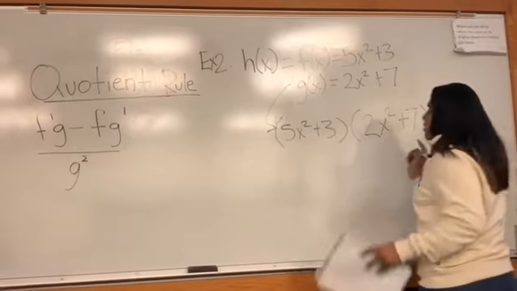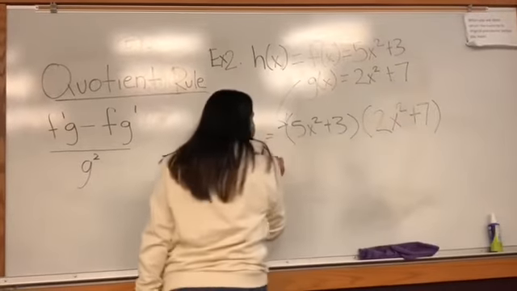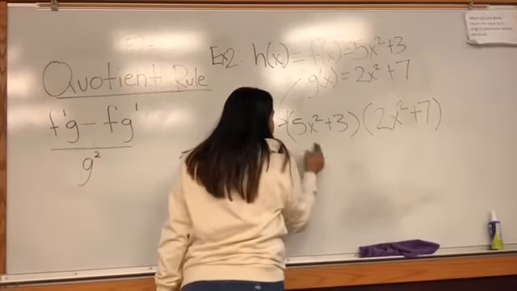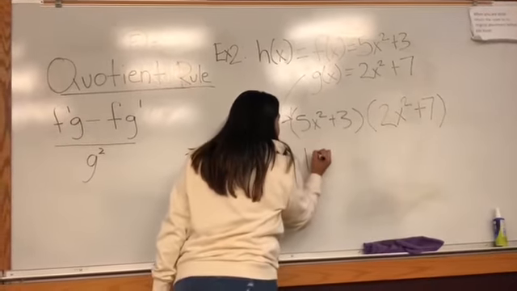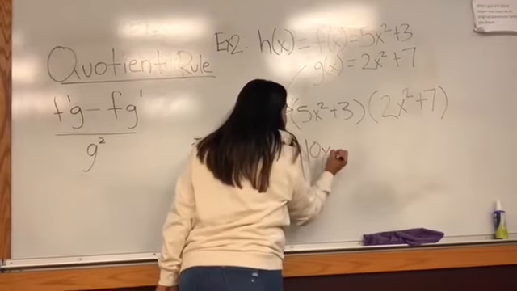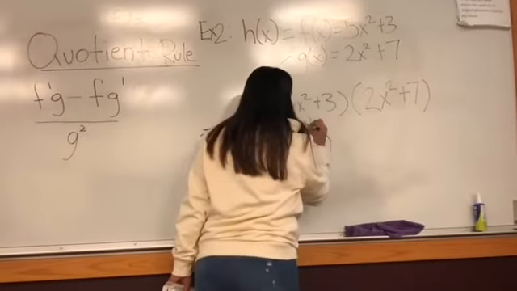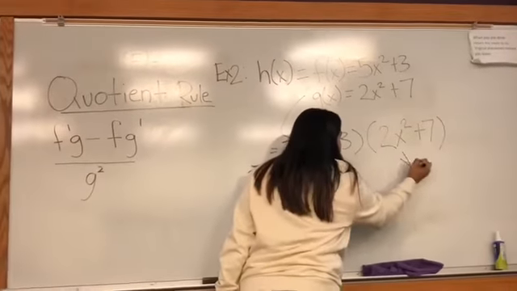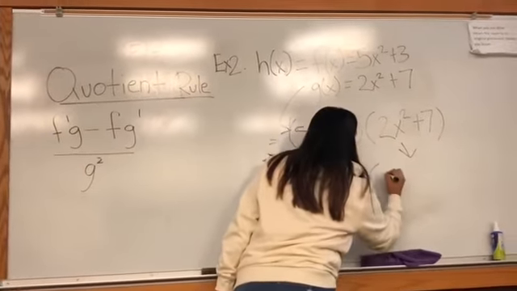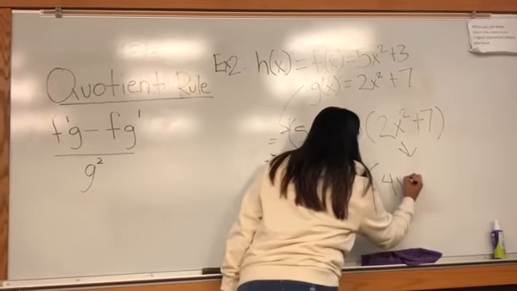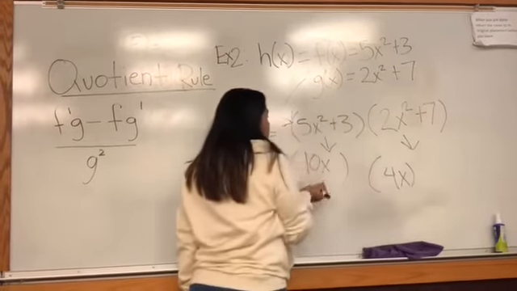Now we have to get the derivatives for these functions. So the derivative of 5x squared plus 3 is simply 10x, because we multiply 5 times 2 to get 10, and 1 less power of x squared is simply x. And the derivative of 2x squared is 4x.